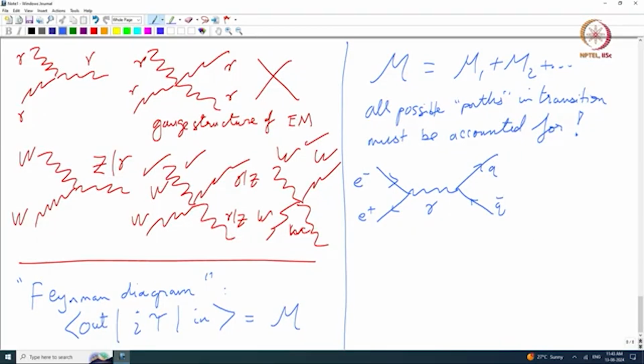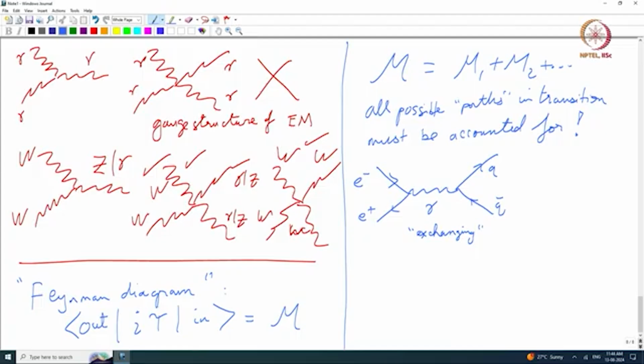One common mistake that people make about Feynman diagrams, a common misconception, is that this literally represents an electron and a positron coming together and then literally exchanging a photon, and then the photon travels a distance and it splits into a quark and an antiquark.